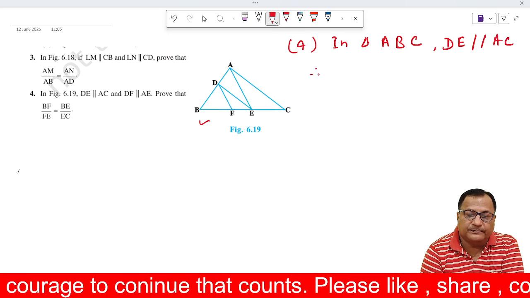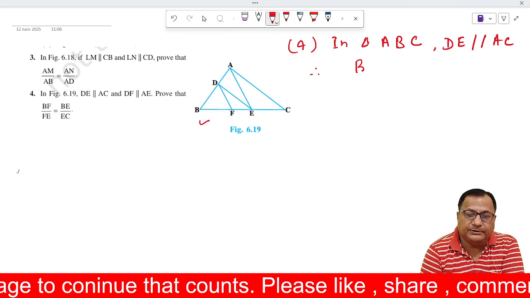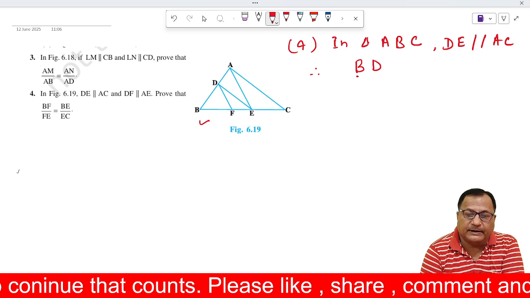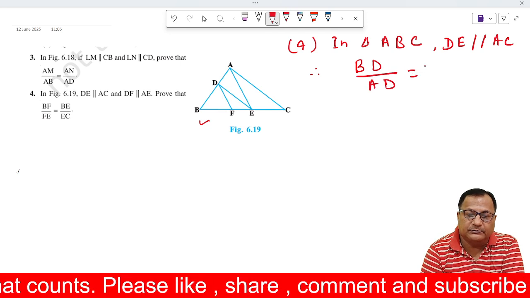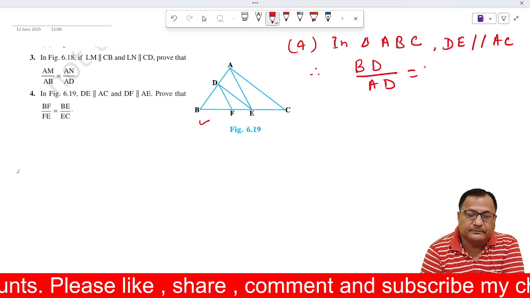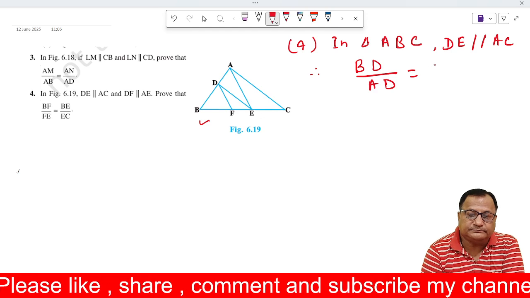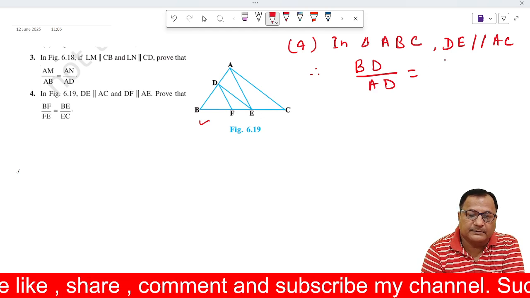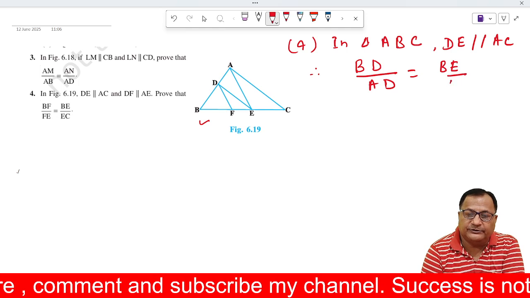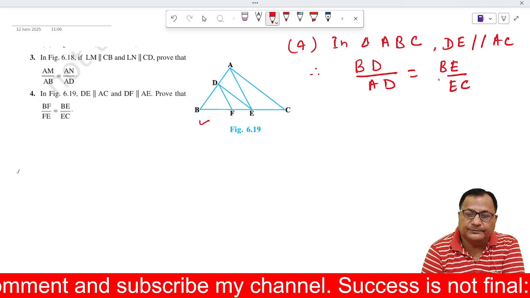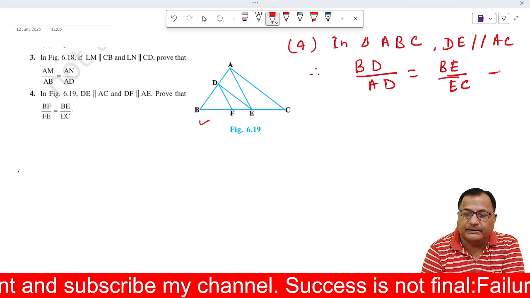So therefore, BD divided by AD is equal to BE divided by EC. This is number 1.